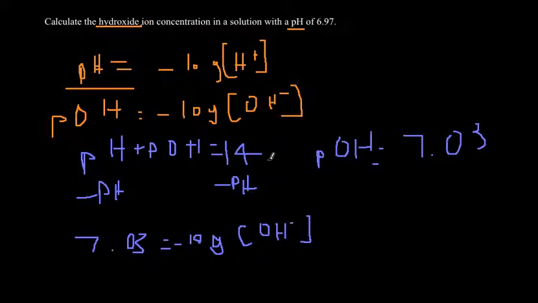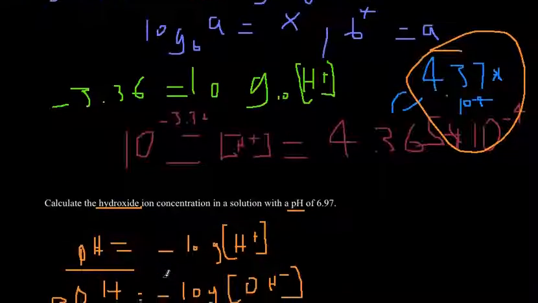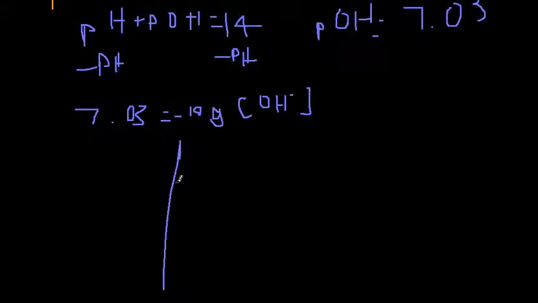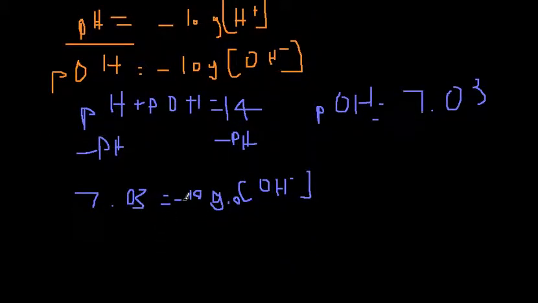So now we can do what we did earlier here: multiply by negative 1, and then do 10 raised to whatever you got there. You have 10 invisibly written in here, and we're going to make this negative a positive, and make this a negative by multiplying by negative 1.